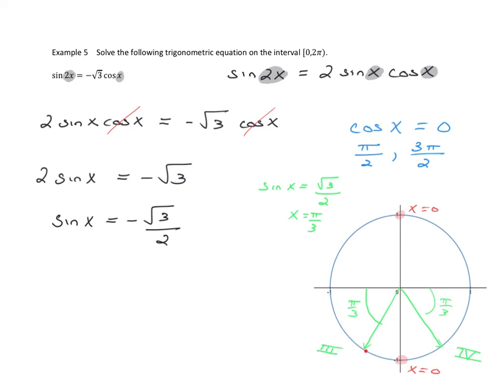If you go pi over 3 more, the angle that's down here is 4 pi over 3. And if you keep counting by pi over 3s, this one's going to be 5 pi over 3. So these two angles are definitely within this interval, and they are both solutions to this equation. So that is x is also equal to 4 pi over 3 and 5 pi over 3.